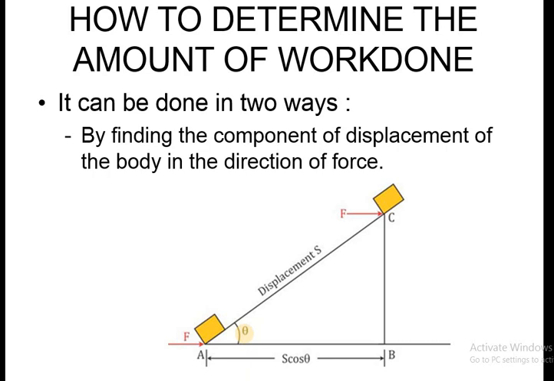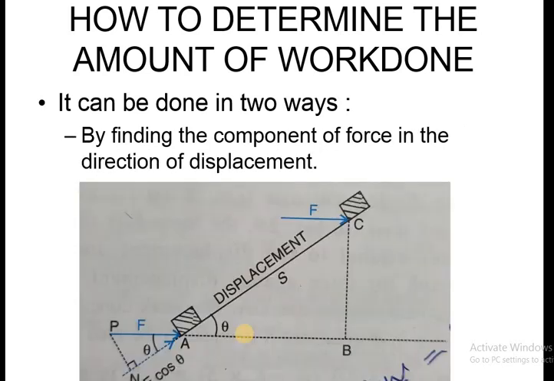Clear? So this is one component of displacement. The next part is finding the component of force in the direction of displacement. If the amount of force is given, there are also two components, as I told already, F cos theta and F sin theta.